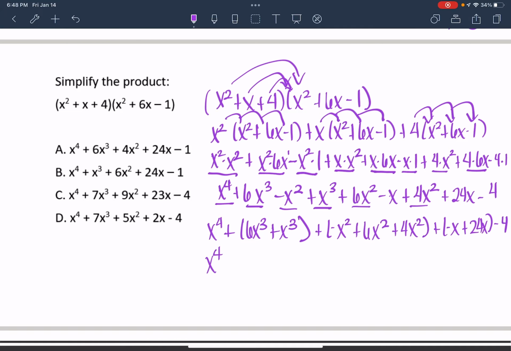So this is x to the fourth plus 6x cubed plus x cubed is 7x cubed plus negative 1x squared plus 6x squared plus 4x squared is plus 9x squared. Negative x plus 24x is plus 23x, and you have minus 4. So the correct answer is answer choice C, and you should get the same result if you use the box method.